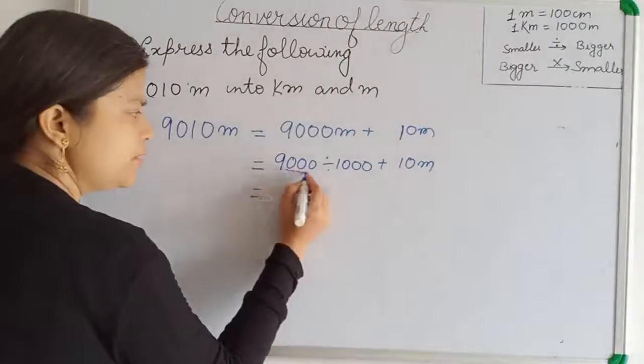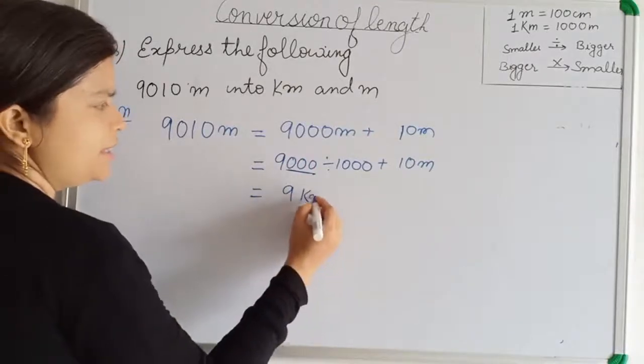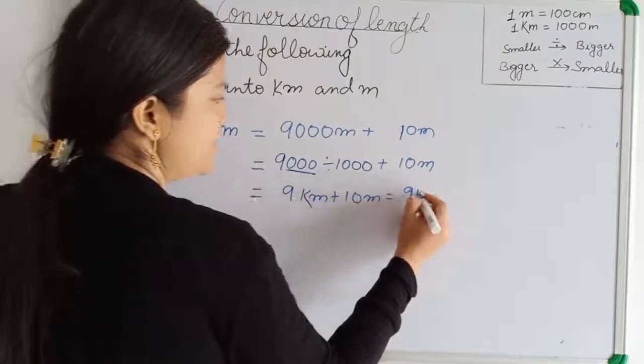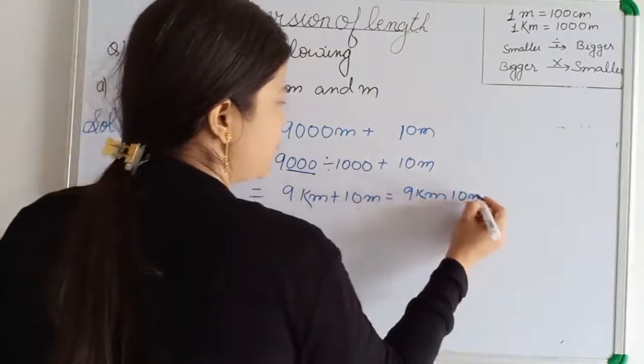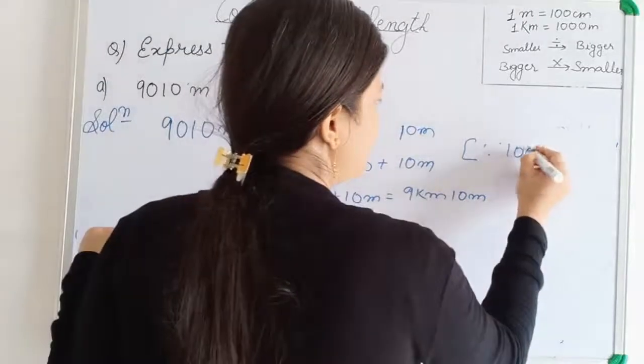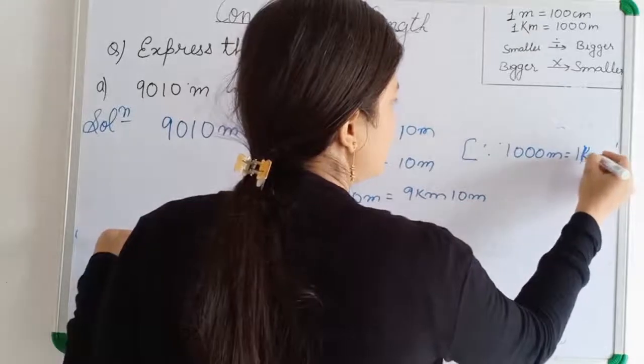So all 3 zeros we will remove, then it will become 9 only. So it is 9 kilometer plus 10 meter, that is 9 kilometer 10 meter. And why we are dividing, that we have to write here, because 1000 meter is equal to 1 kilometer. These things you have to write.